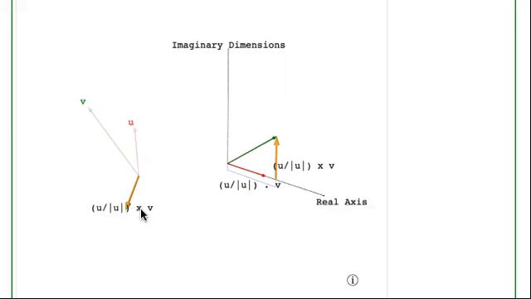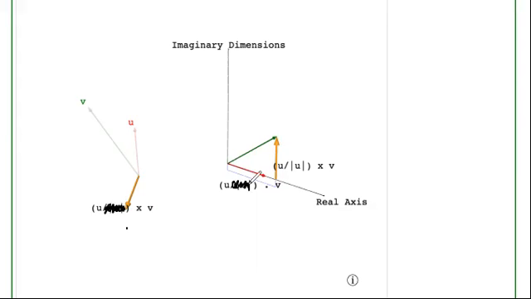Just think of this as u cross v. So maybe I'll write that out. For our sake, we're just imagining that u has unit length, so just u cross v.